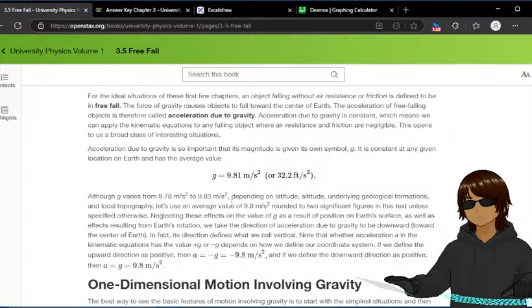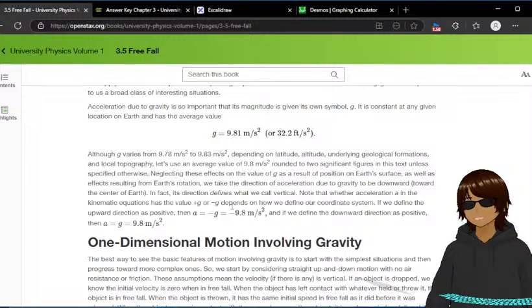Let's use an average value of 9.8 rounded to two significant figures in this text unless specified otherwise. Neglecting these effects on the value of g as a result of position on Earth's surface, as well as effects resulting from Earth's rotation, we take the direction of acceleration due to gravity to be downwards. In fact, its direction defines what we call vertical.